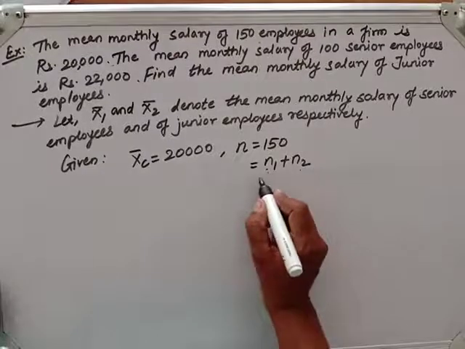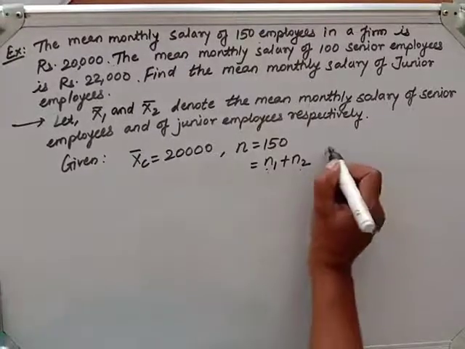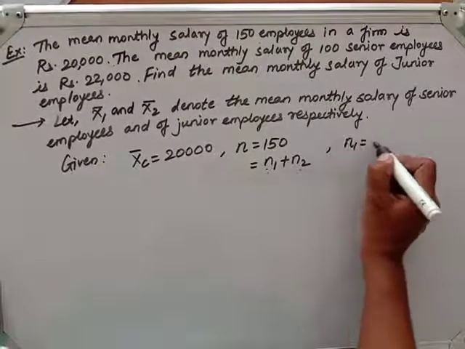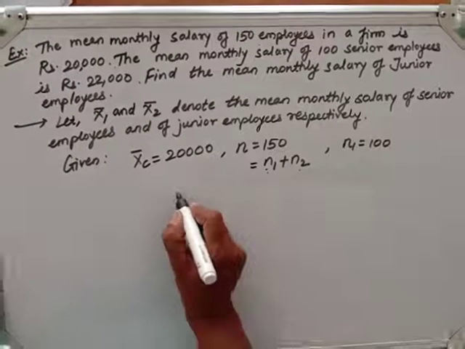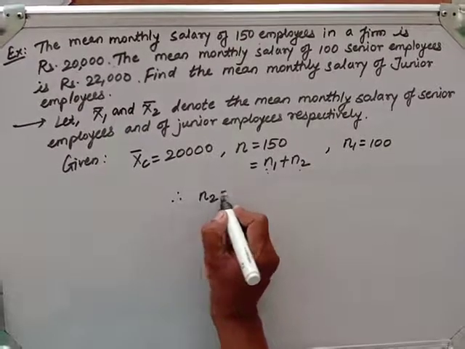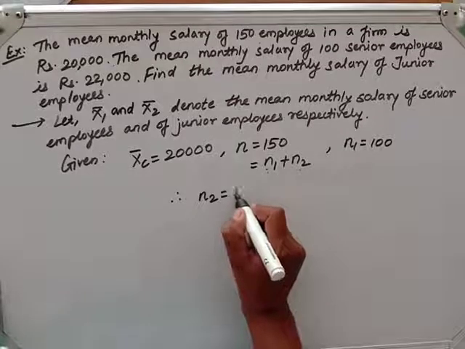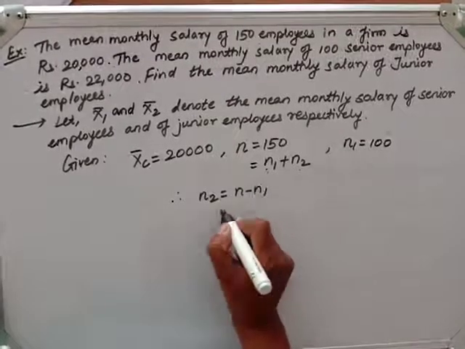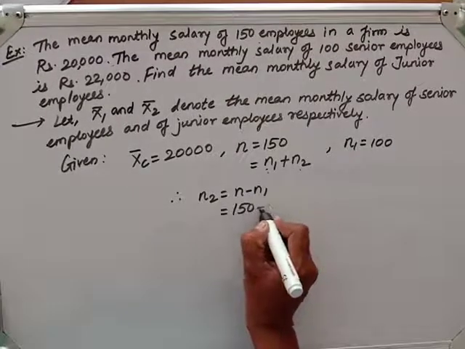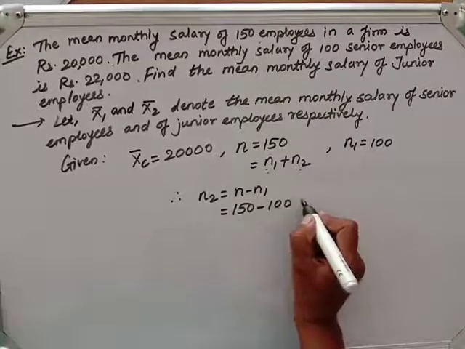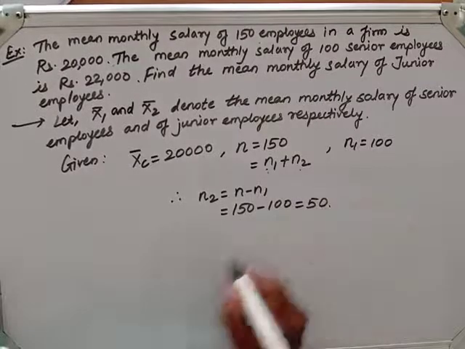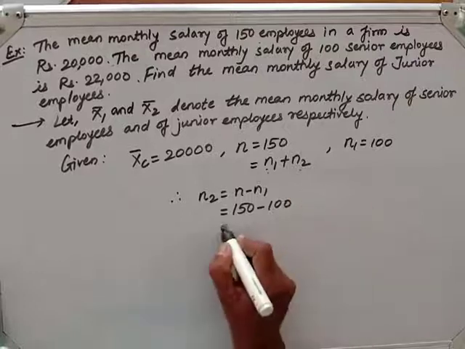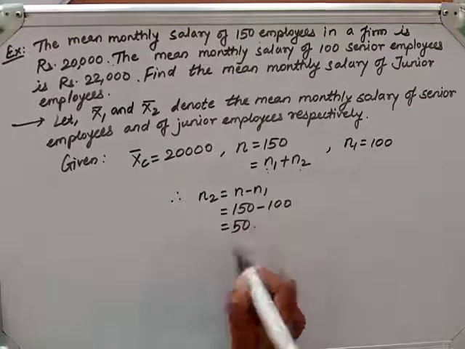It is given that n1 equals 100. Therefore n2 is N minus n1, which is 150 minus 100, so n2 is 50.